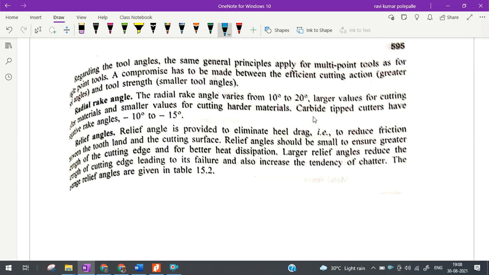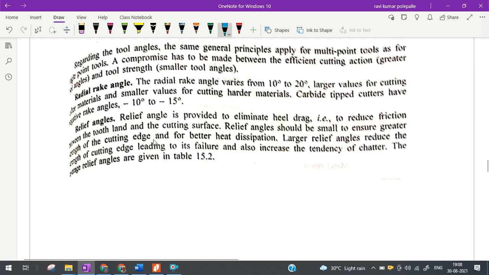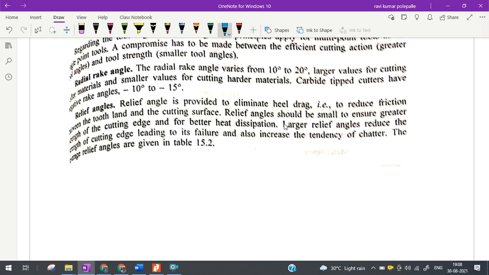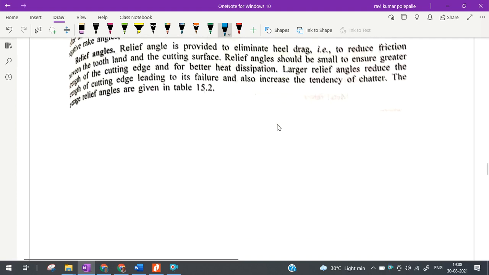Of course, when we use carbide tool cutters, we have 10 to 15 degrees. Relief angles are provided to eliminate the heel drag. That means the heels are not expected to rub against the workpiece. So this will reduce the friction, and it will also help in heat dissipation.